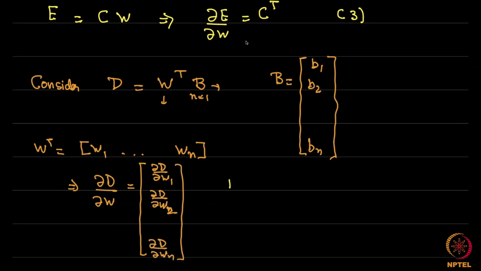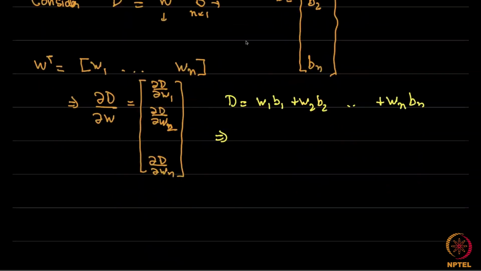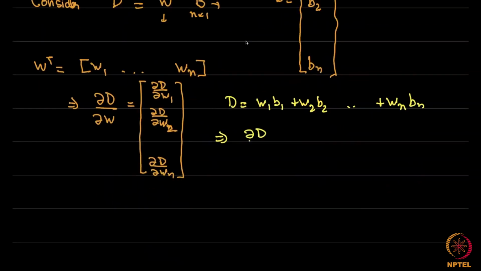And D is nothing but, you can now write it out, W transpose times B, which is W1 B1 plus W2 B2 until Wn Bn. So del D del W you can now write as, differentiate with respect to W1, it is simply B1, B2, so on and so forth until Bn.